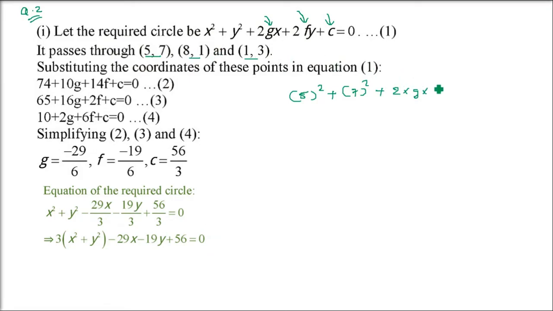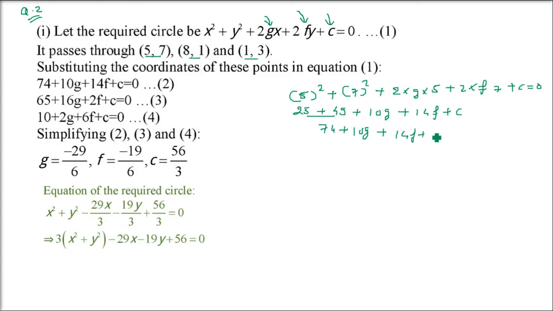So what do you get? 5 square plus 7 square plus 2g5 plus 2f into 7 plus c equals 0. Right? So 5 square is 25, 7 square is 49, then 10g, then 14f plus c equals 0. 74 plus 10g plus 14f plus c equals 0.